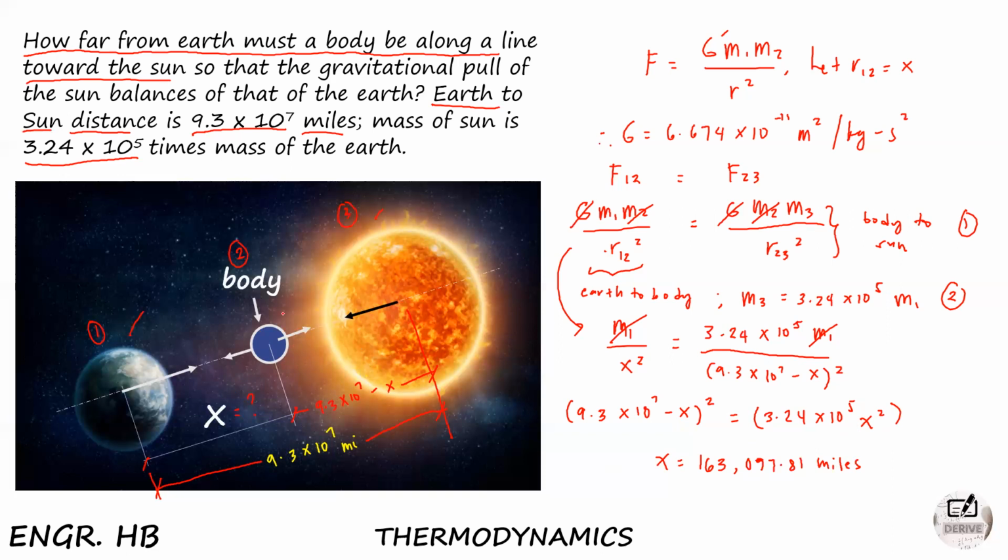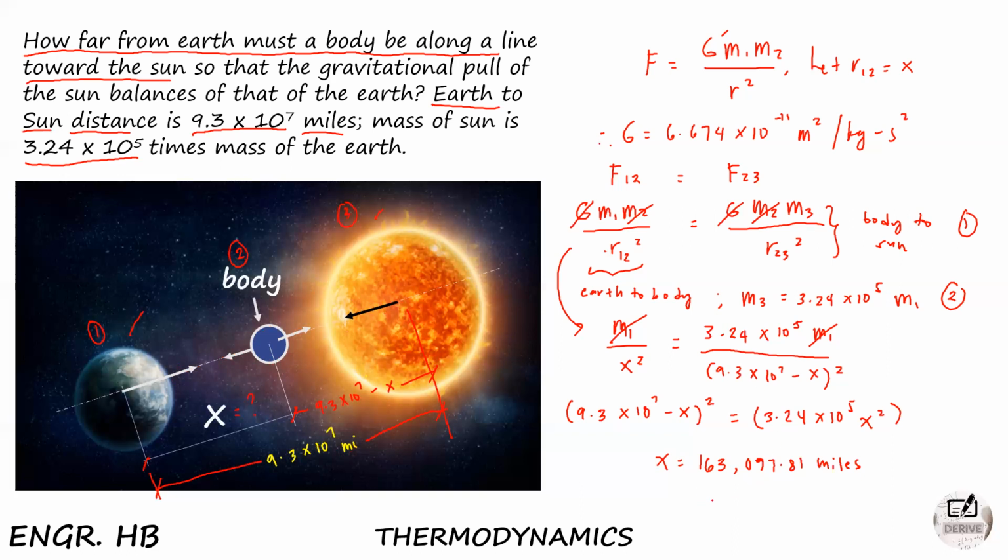And if you're going to look at the picture, medyo ginitna ko in order for the situation to be exaggerated. Kasi kung ito ang sagot, 163,000 miles, compare mo sa 9.3 million, so dapat mga bandang dito lang yan. Siyempre, masusunog naman sa araw to, pero this is just an exaggeration.